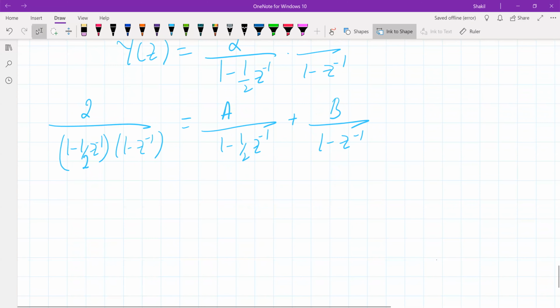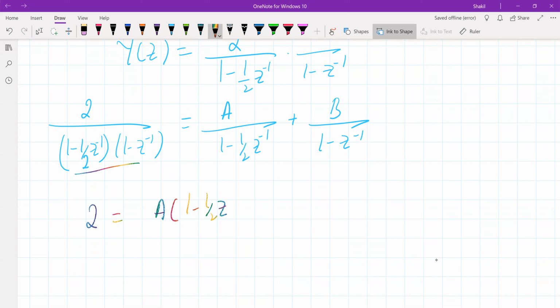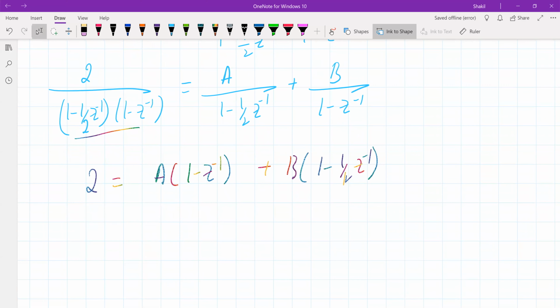Now when you multiply the numerator and denominator by this term, you will get 2 is equal to A times (1 minus z inverse) plus B times (1 minus 1/2 z inverse). Now to get the values of A and B, we force z inverse equal to 2 and z inverse equal to 1.